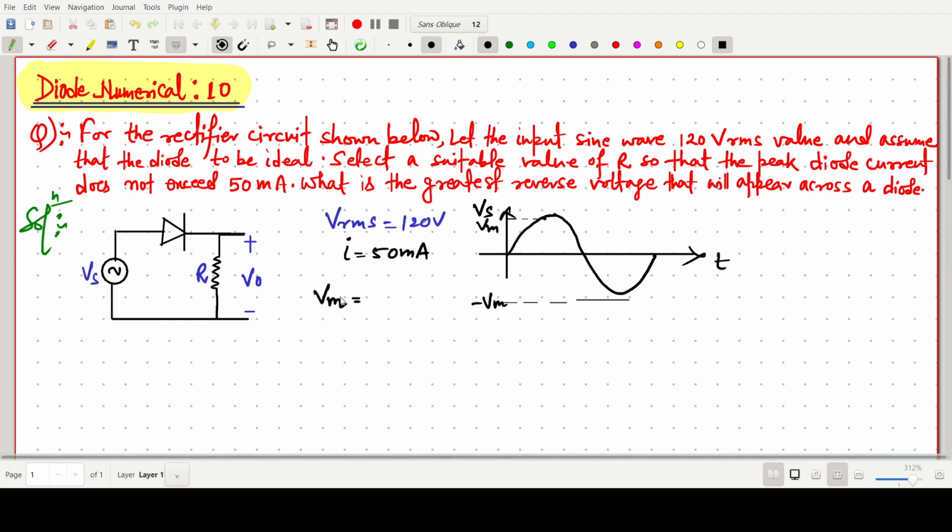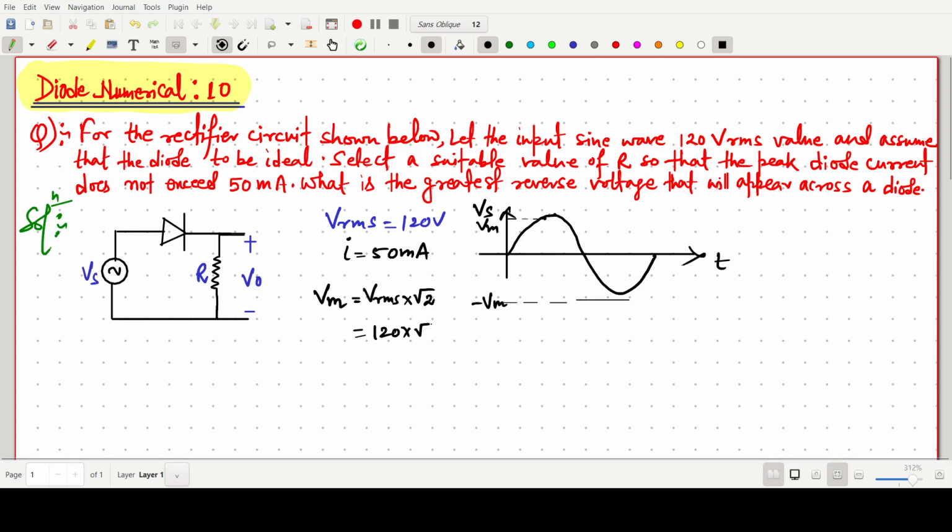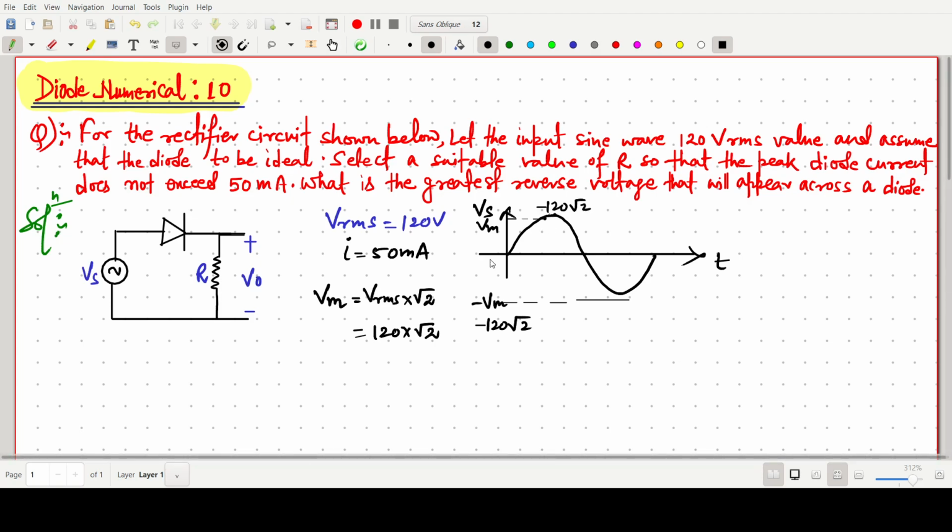This maximum value will be V RMS into root 2. Peak to peak will be 2 Vm here, so it should be 120 into root 2. So this value will be 120 root 2 and this should be minus 120 root 2. This is the given term, and this is a sinusoidal signal.